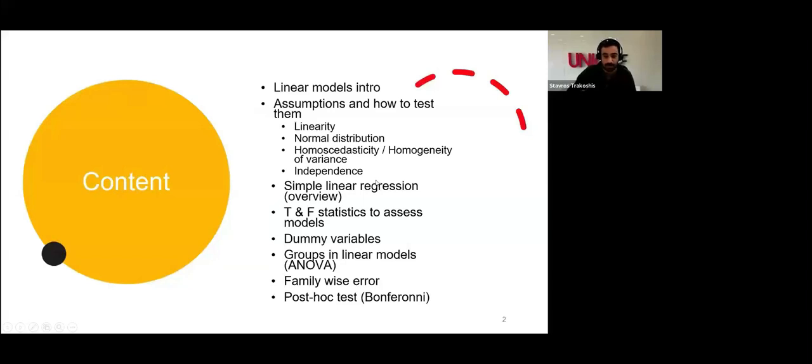We will talk a little bit about regression, in the context of understanding residual errors, and the t and F statistics that come out of a linear model, a regression or an ANOVA. We will talk about dummy variables and generally how we can insert groups in a linear model. We will talk about the family-wise error and post hoc tests, the Bonferroni test. Basically, I'm not going to present anything else today.